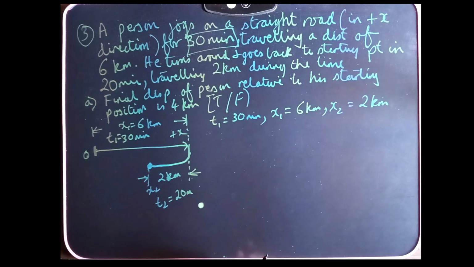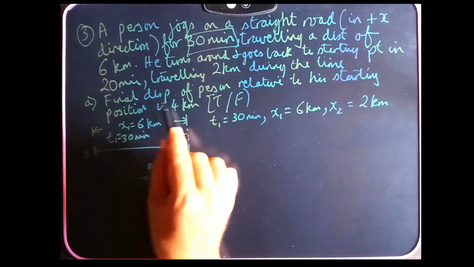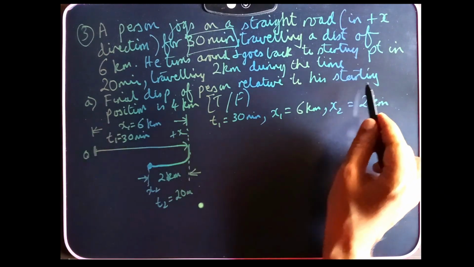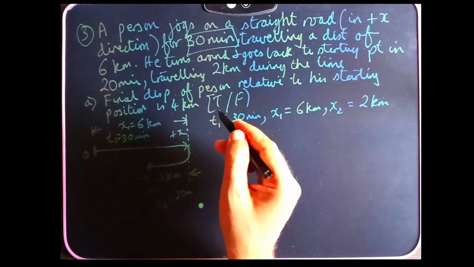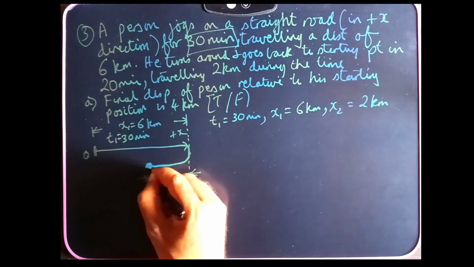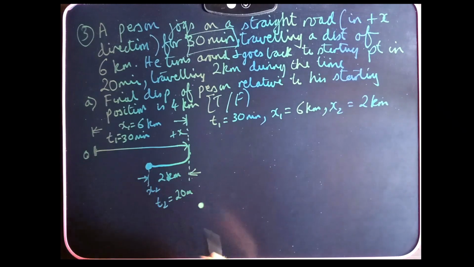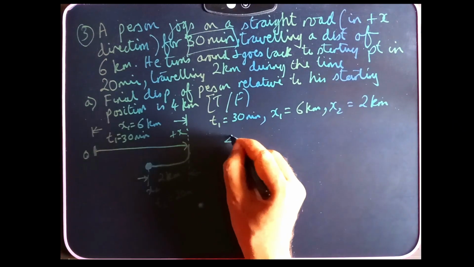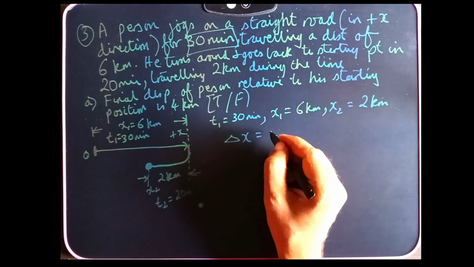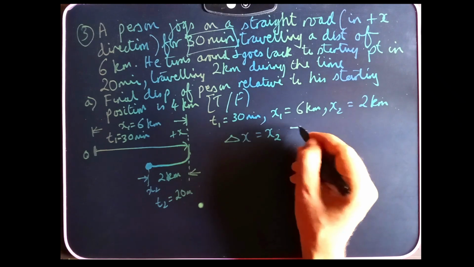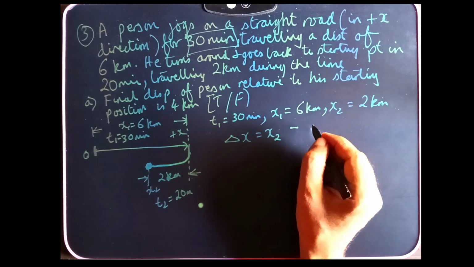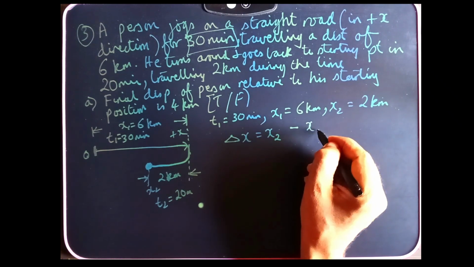Right? But here what is asked? Final displacement of the person relative to his starting position. Final displacement of the person with respect to his starting position. Starting position is here. That means he came back to his starting position. Final displacement is basically given as delta x is equal to x2 minus x0.